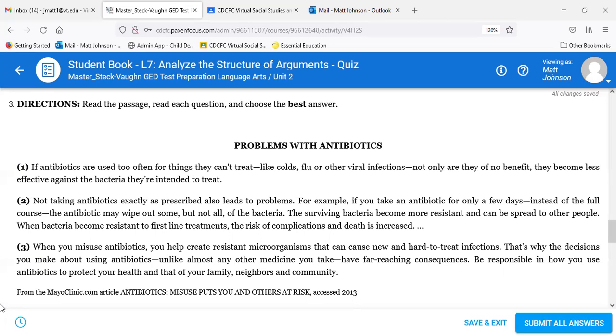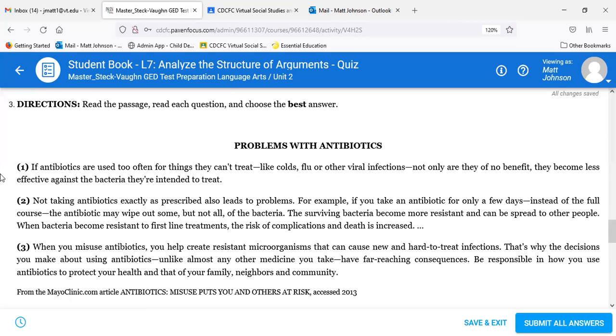Problems with antibiotics. If antibiotics are used too often for things they can't treat, like colds, flus, or other viral infections, not only are they of no benefit, they become less effective against the bacteria they are intended to treat.